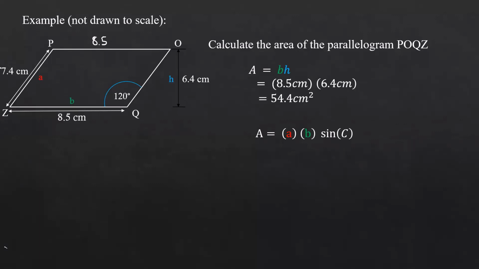And if this side is 7.4, this side will also be 7.4. So what you need to note here is that parallel sides of a parallelogram are equal. That's why it's called a parallelogram. And technically a rectangle is a parallelogram, so that's the case.